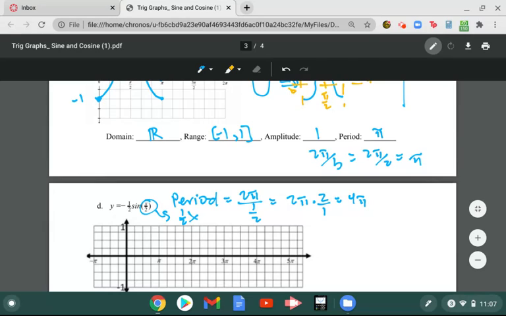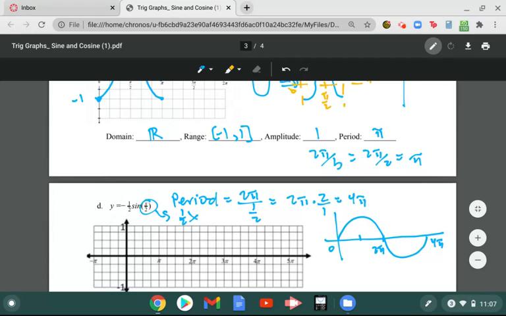So now when I'm thinking about what is my sine wave, I know that I'm going to complete that sine wave, not in the traditional 0 to 2 pi, but now I'm going to complete that between 0 and 4 pi. And then I'll put that halfway mark right there at 2 pi.